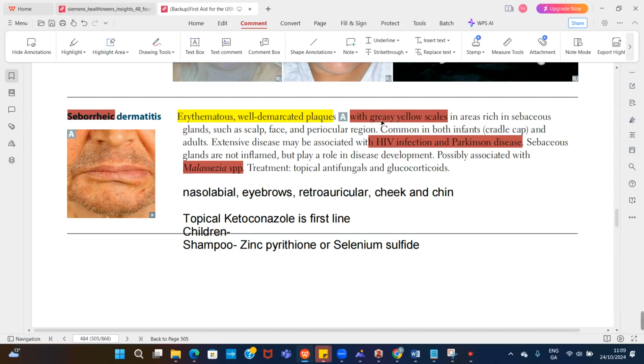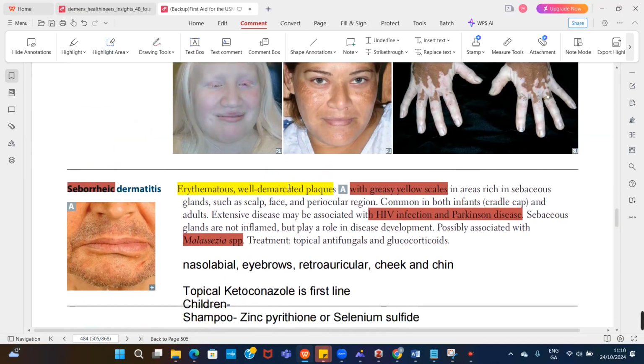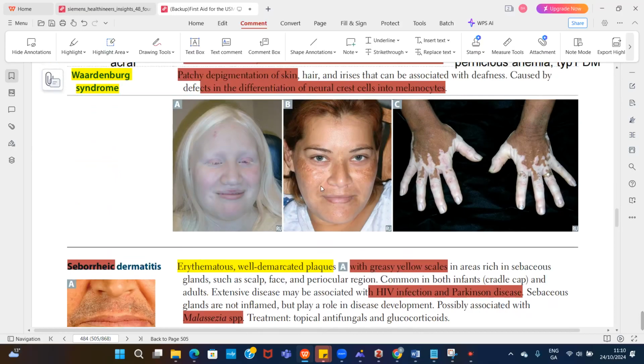So you're having an erythematous plaque with greasy yellow scales in an area that is rich in sebaceous glands, like the scalp, the face, the periocular region. Think about seborrheic dermatitis. Now, they will tell you that the lesions affect the nasolabial folds and the eyebrows. You can see that there's a pattern.